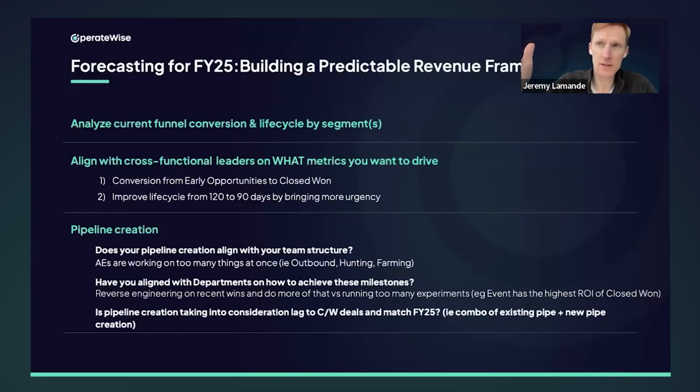Sometimes you'll tell me, oh, my lifecycle is like 9 months. Okay, well, 9 months. That means that in Q1, you have to take into consideration how much pipe creation you're going to create in Q1, because that's going to hit by FY25.